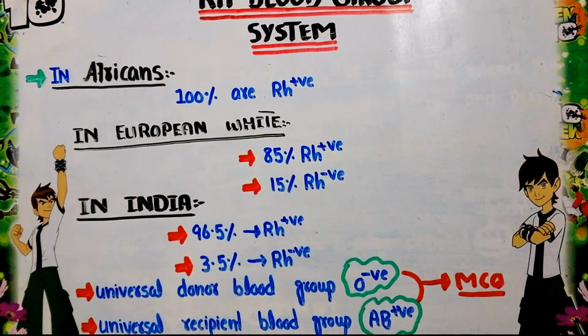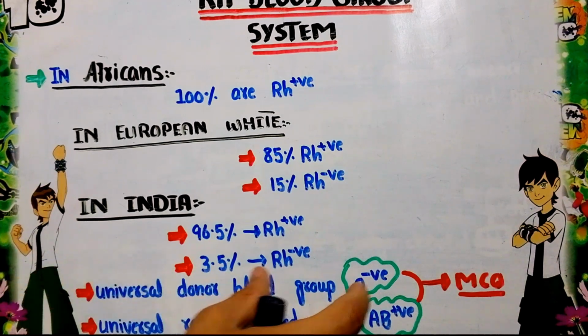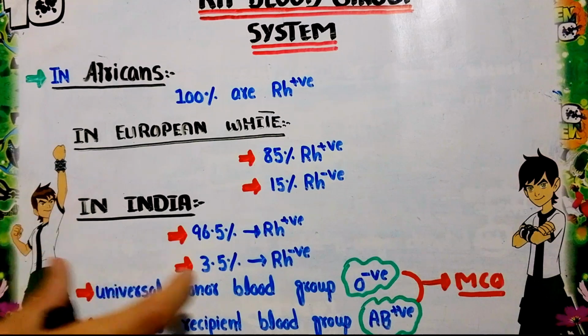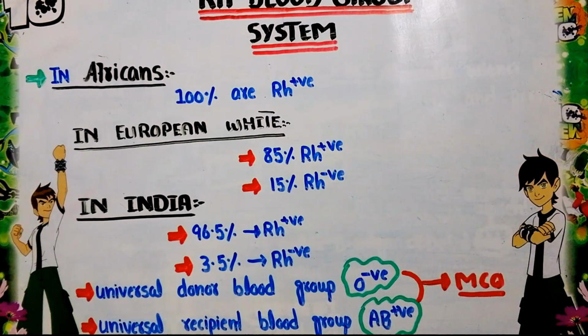Since no antigen is present, it does not interfere with the recipient's blood group and is unable to stimulate antibodies in the recipient. That's why it is called the universal donor blood group, that is O negative.